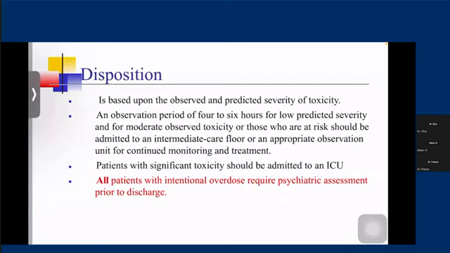There is a score, and depending on that score, we require psychiatric assessment before discharge, because patients with underlying psychiatric illness should be treated before considering discharge. After discharge, this patient can come with another attempt and might even complete the suicide. So always make sure there is psychiatric evaluation before discharge.